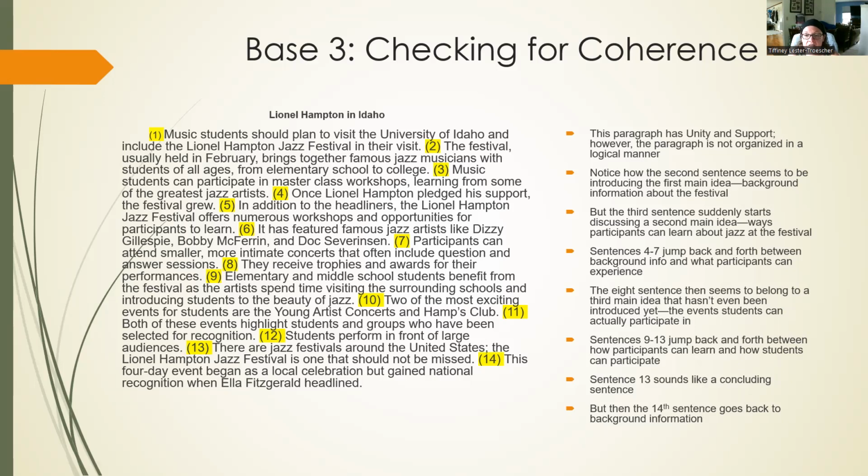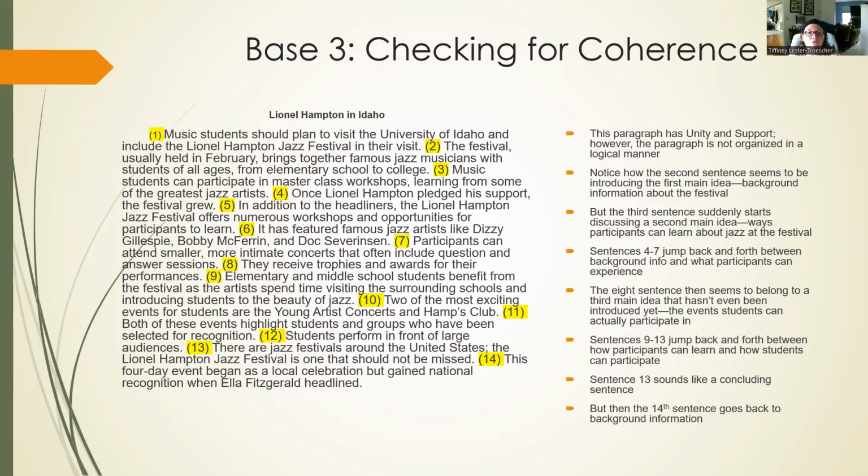All right. The 8th sentence seems to be a third main idea, a third reason. They receive trophies and awards for their performances. Well, we don't know who they are or what performances, but clearly we're talking about something else now. This doesn't sound like background information, and it doesn't really seem like we're talking about learning anymore.